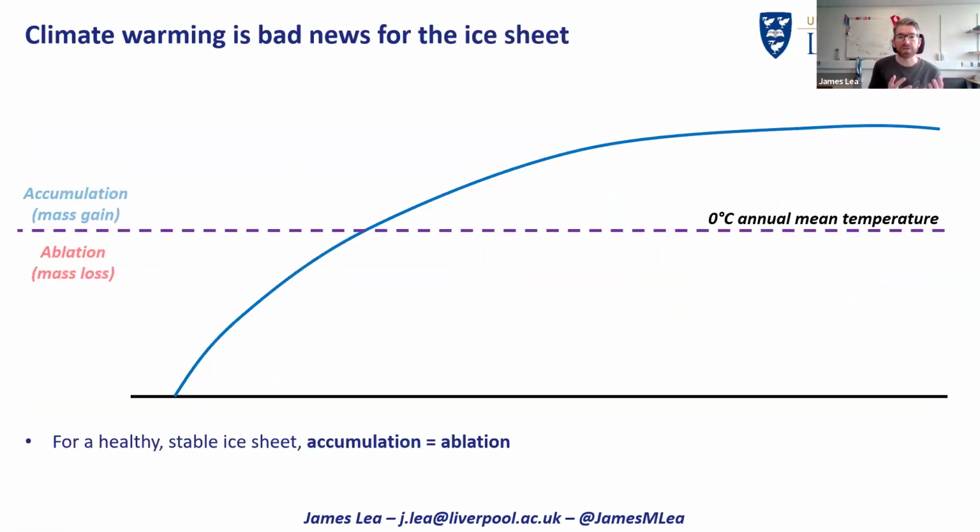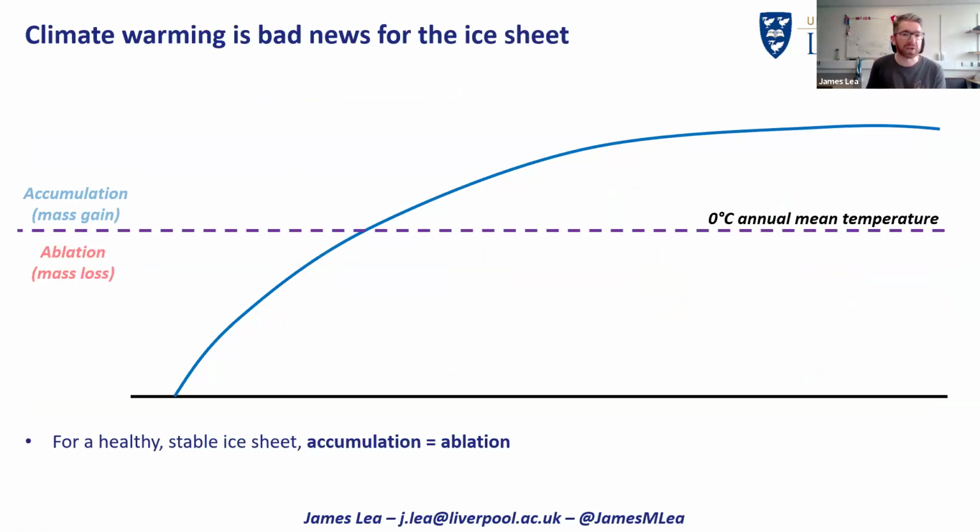So why is this? As we get increased climate warming, we have changes happening to the ice sheets, which is not very good for the mass balance.